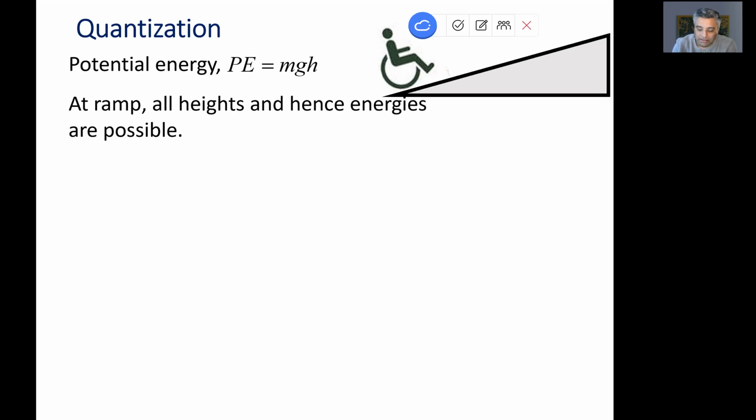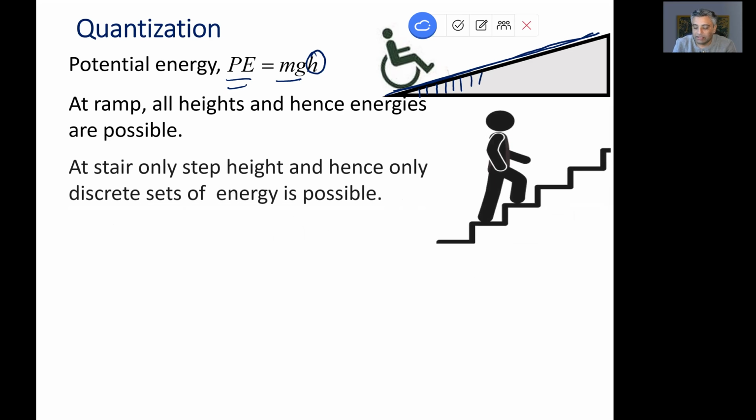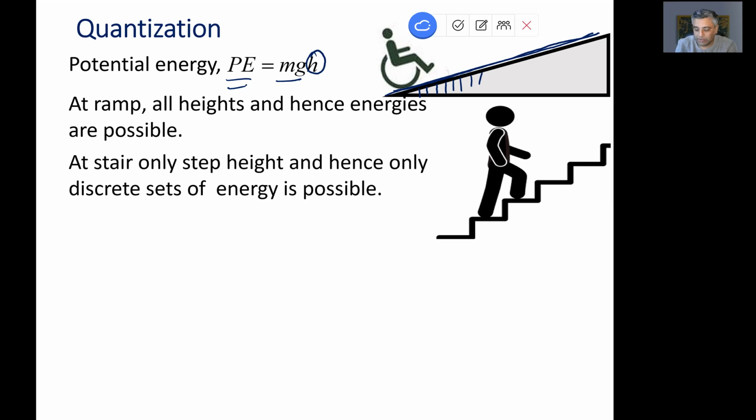So here is an example to understand that quantum nature. For example, when you go up a ramp in a wheelchair, let's say, or you drive a car on a ramp, you can be at any height. Each height gives you a particular value of potential energy, right? Now, if you take stairs or steps, what happens?